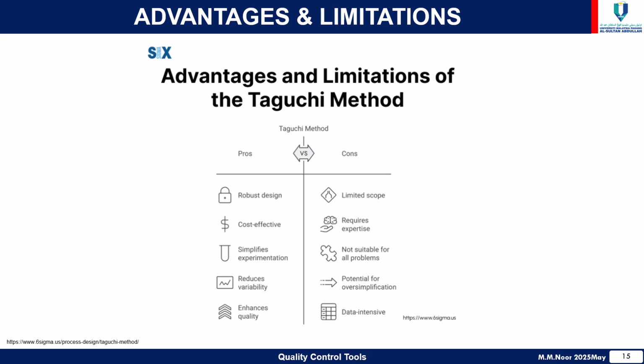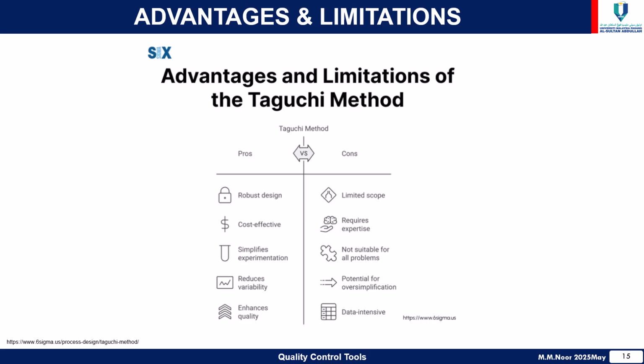So these are the advantages and the limitations of the Taguchi method. There are pros and cons for this method. The pros are robust design, cost effective, simplifies experimentation, reduces variability, and enhances the quality.